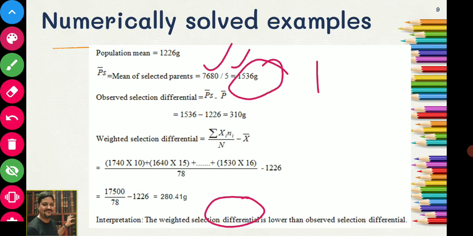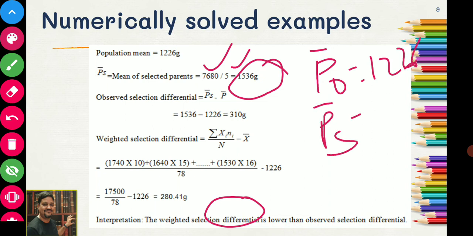So your P0 bar was 1226, and PS bar is 1536, which you have already calculated. Now what will be the observed selection differential? It will be 1536 minus 1226, that is 310 gram.